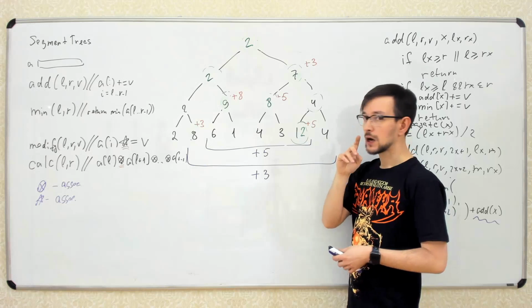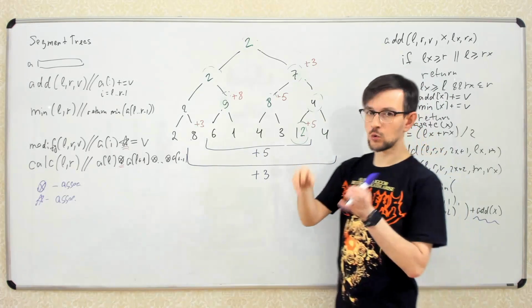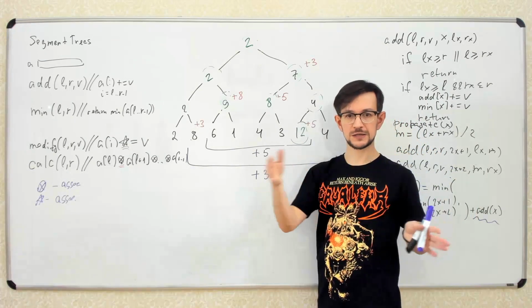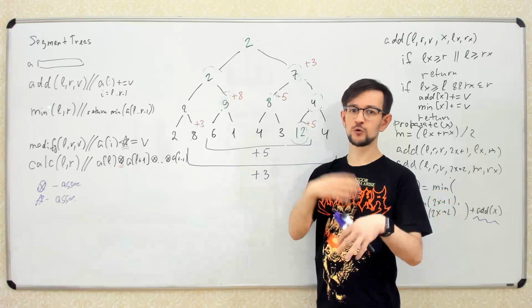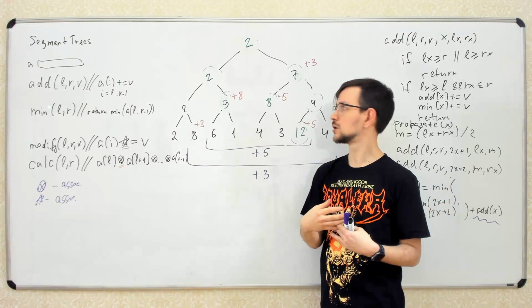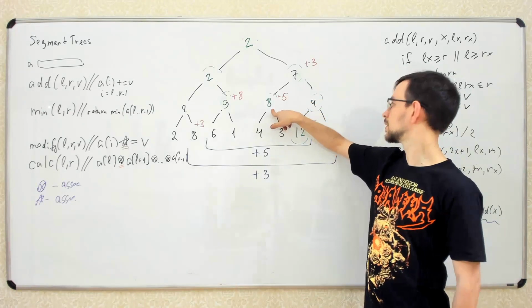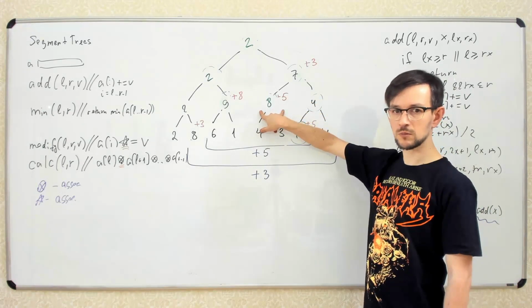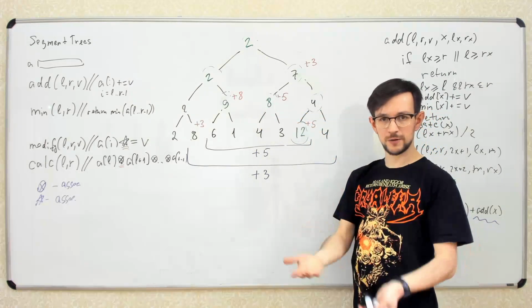Let's see what's going on. This property is very interesting. We need to be able to recalculate the function when we apply the operation to the whole segment. So like here, when we apply this plus 5 to this segment, we just take the previous minimum, add the 5 to this minimum, and get the new minimum.